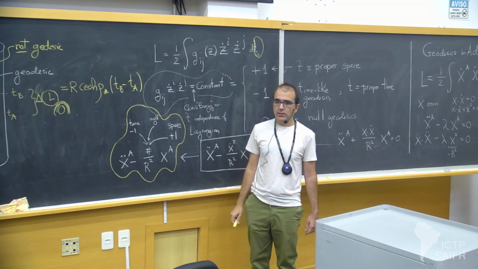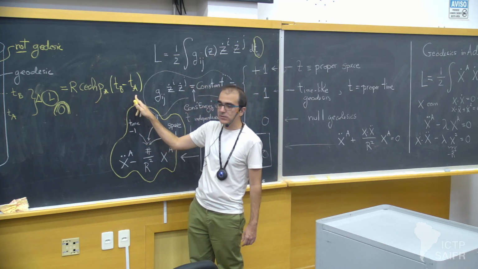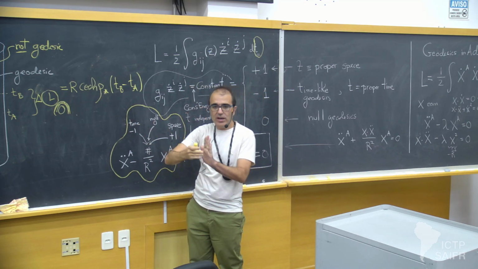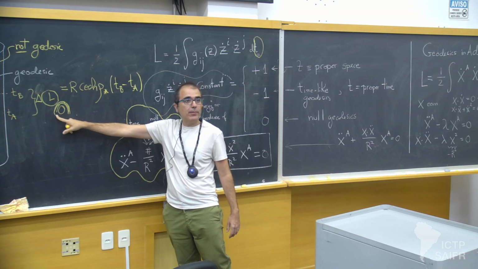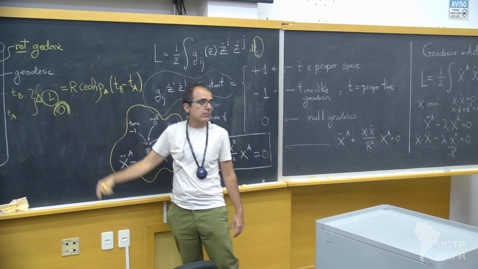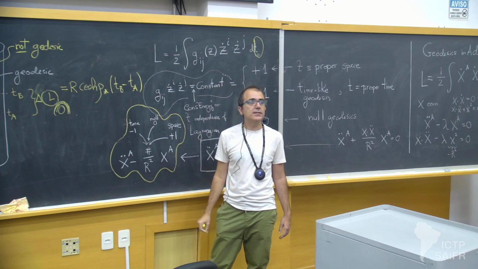Do you agree? If rho star is 0, it's R times delta T, like we said before. But otherwise, if you are at a different rho, it's a bigger time. Right? So that's the time. Yes?